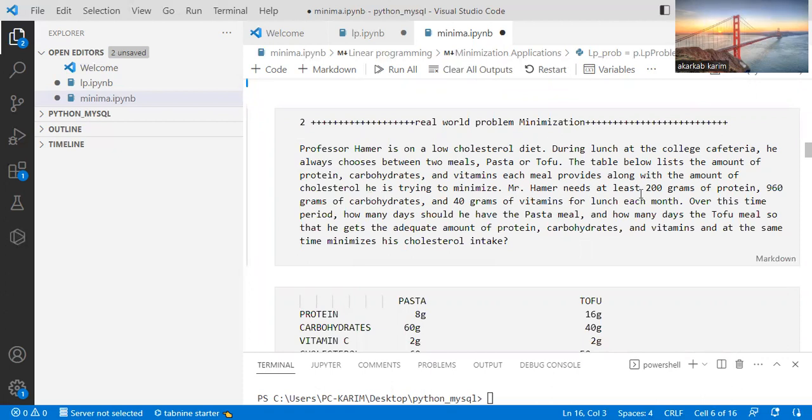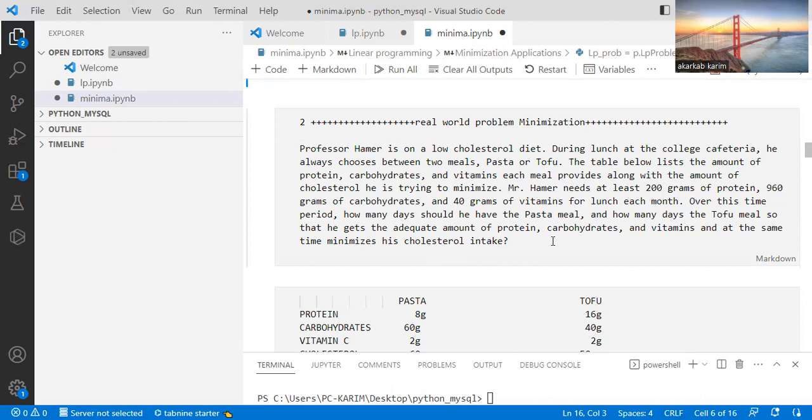Mr. Hammer needs at least 200 grams of protein, 960 grams of carbohydrate, and 40 grams of vitamin. Over this time period, how many days should he have the pasta meal and how many days the tofu meal, so that he gets the adequate amount of protein, carbohydrate, and vitamin, and at the same time minimizes the cholesterol intake.